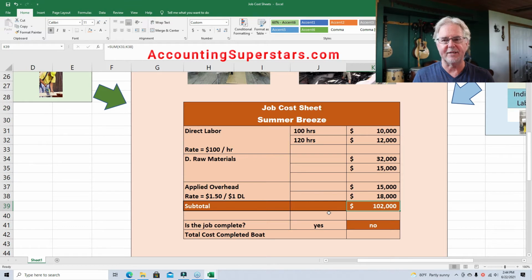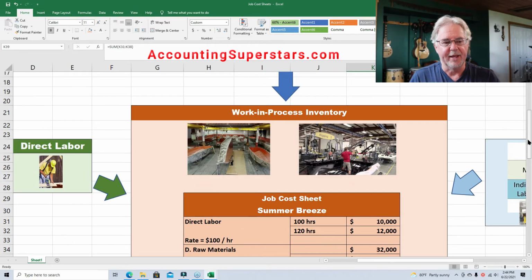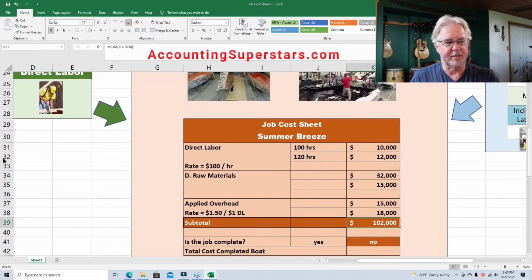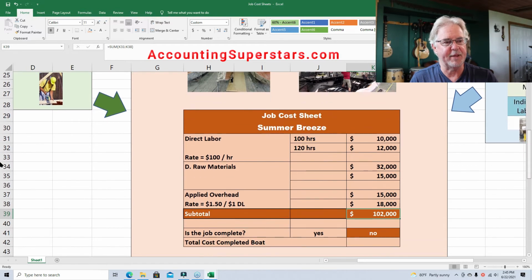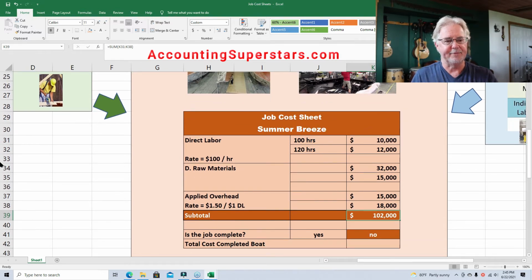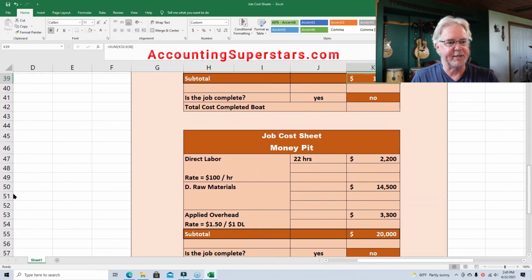Now, Summer Breeze is not completely done yet, and that's why it's still in work in process. But when it is finished, they'll move the Summer Breeze sailboat into finished goods, and this job cost sheet will be totaled up and closed out, and a journal entry will be made to move the sailboat from work in process to finished goods.